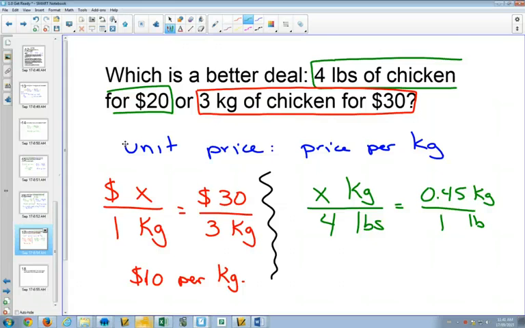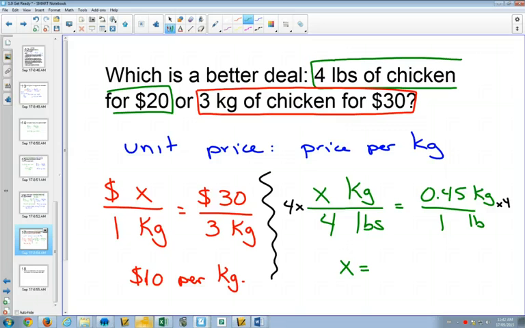And if you use the other formula, that 1 kilogram was 2.21 pounds, that'll give you the same answer, or relatively close, because both of these are rounded. So now, if I want to solve for x, I'm dividing by 4, so I'm going to need to multiply both sides by 4, and 0.45 times 4 gives me 1.8.